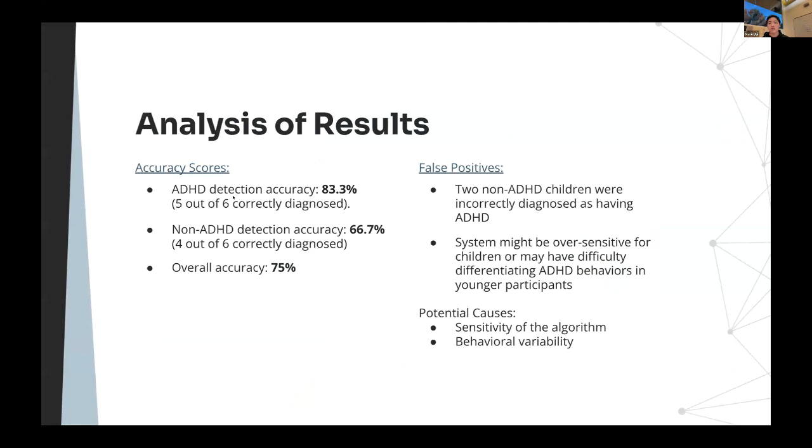The system might be oversensitive to children, or maybe having difficulty differentiating ADHD behaviors in younger participants, like the erratic behavior of children. We think the potential causes are the sensitivity of the algorithm or behavioral variability, which is the erratic behavior of younger children.